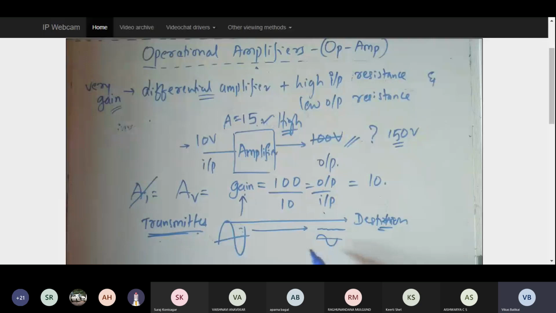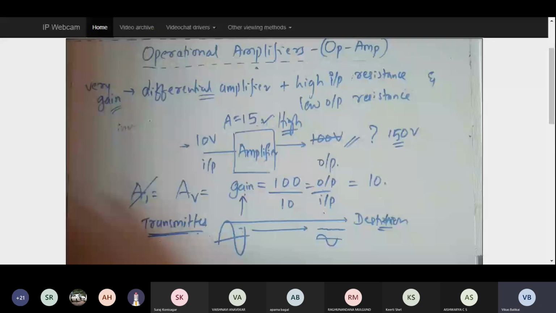So basically my intention here is to ensure that the input signal, whatever I am sending, is sent with a large gain so that it reaches the destination without any distortion. So my amplifier should have a larger gain. That is the intention of designing the amplifier.